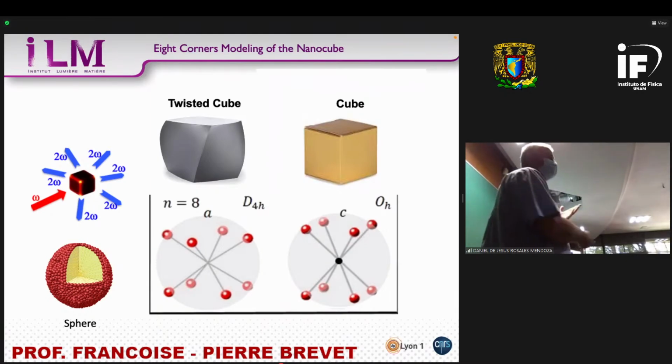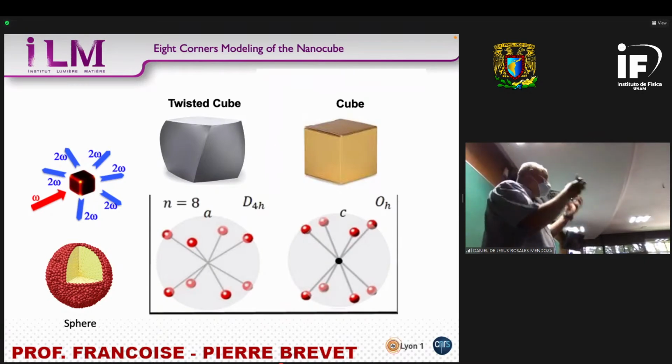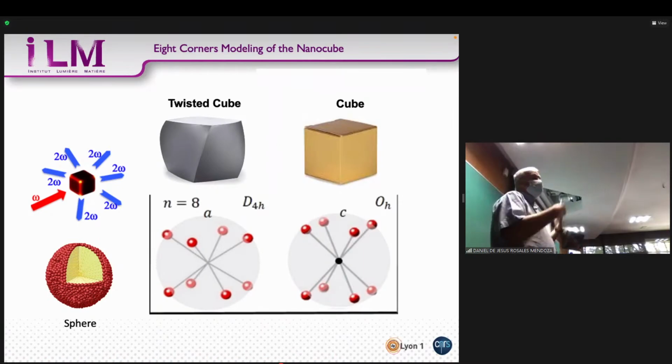If I want to discuss a sphere, I will revert to the previous model where I have all these dipoles you see here developed onto the sphere surface. So you see that it's the same way of describing those particles, by saying that I can discretize the surface and therefore carry on with the same modeling.